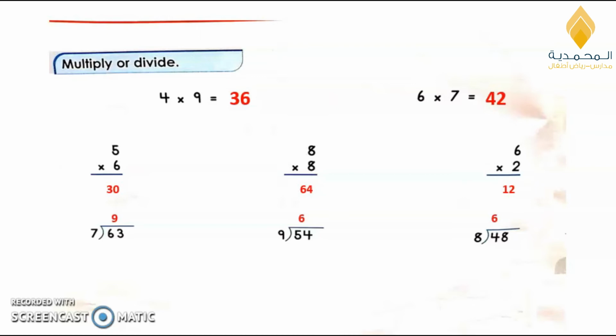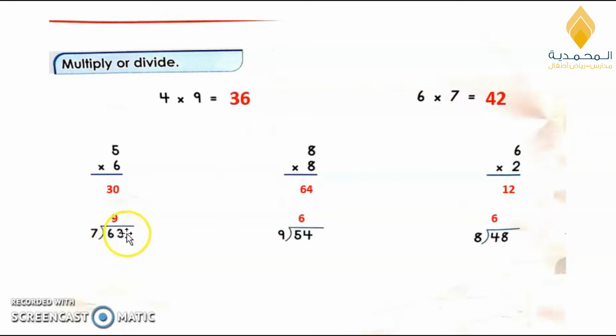Again, you should memorize the multiplication tables so you can answer these problems easily, okay? 4 times 9 equals, good job, 36. 6 times 7 is 42. 5 times 6 is 30. 8 times 8, 64. 6 times 2, 12. Good job. All these are products.